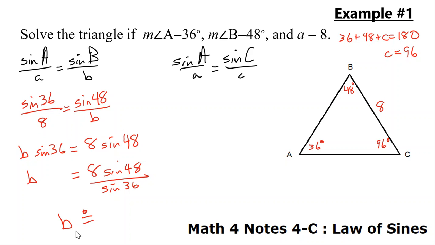So I go to my handy and dandy calculator, and I'm going to punch in 8 sine 48. I'm going to enter that, get a decimal, and then divide by sine 36. And that gives me 10.1145.